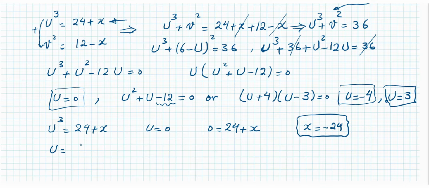u is minus 4, so we have minus 4 to the power of 3 equal to 24 plus x, and in this case x would be equal to minus 88.